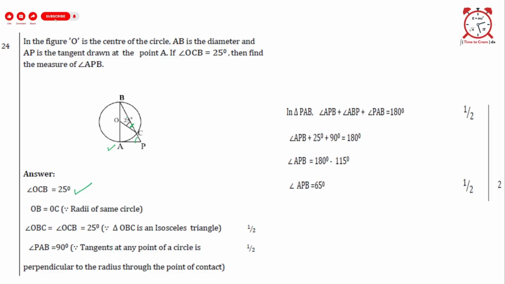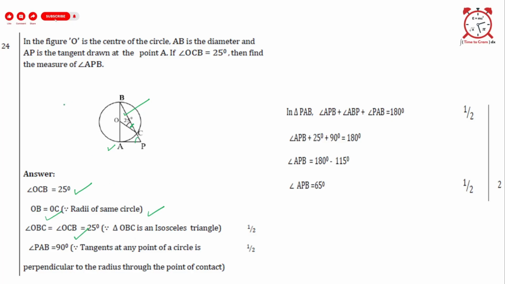If we consider this triangle, then OB equals OC, they are equal radii. So this is an isosceles triangle. In an isosceles triangle, if the sides are equal, then their opposite angles are also equal. So angle OBC equals angle OCB equals 25.